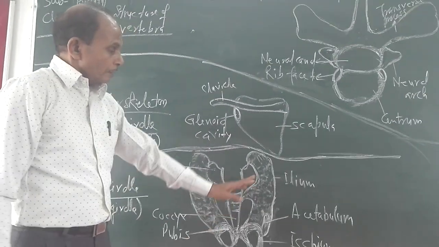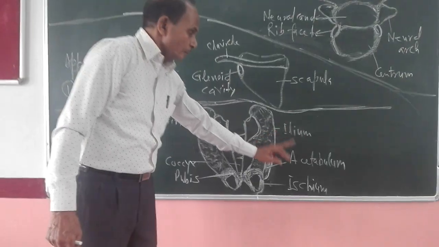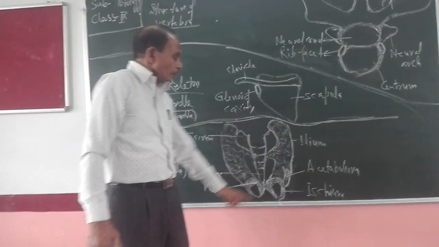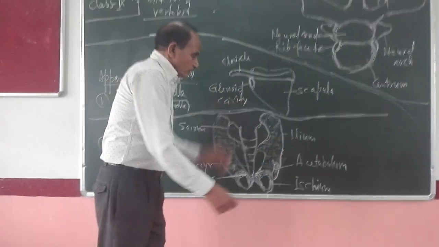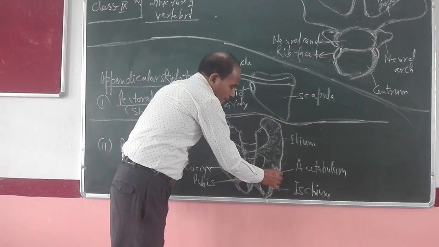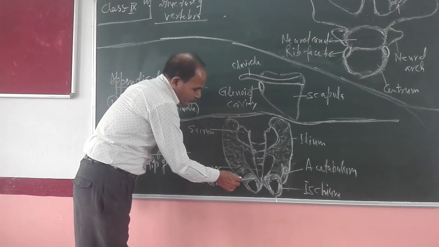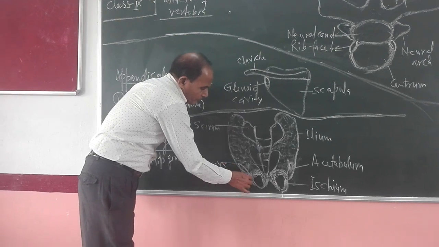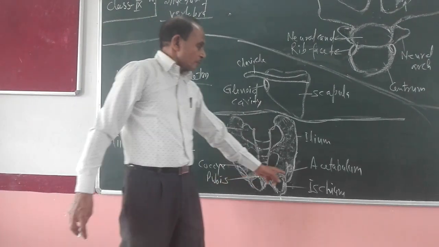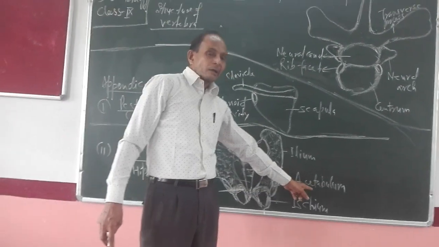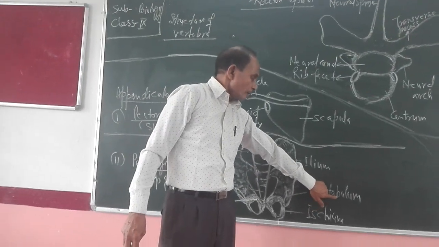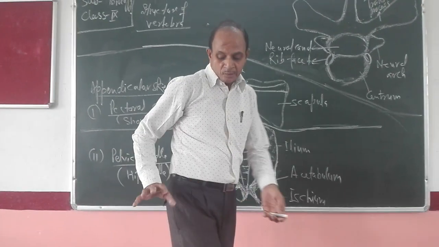Already three components are there: ilium, ischium, and pubis. Toward the outer apex, you see there is a cup-like depression on both sides, and this cup-like structure is known as the acetabulum. What is the function of this acetabulum?